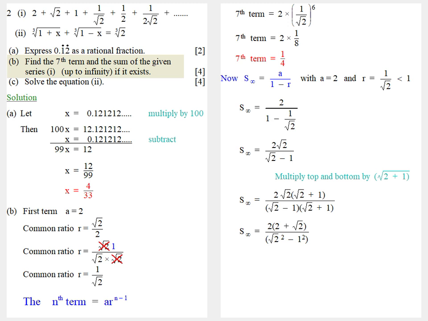So this simplifies to, on the top, 2 into 2 plus root 2. And on the bottom we've got root 2 squared minus 1 squared. Now root 2 squared minus 1 squared is simply 2 minus 1. So the sum to infinity is equal to 4 plus 2 root 2 over 2 minus 1, which is the sum to infinity equals 4 plus 2 root 2.